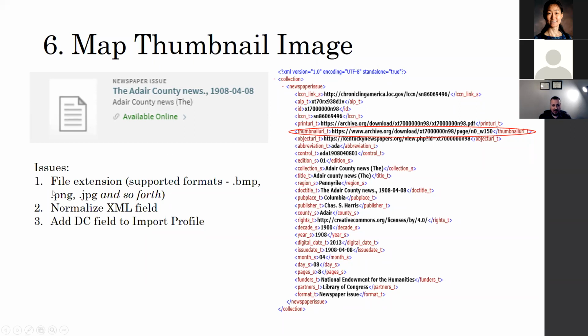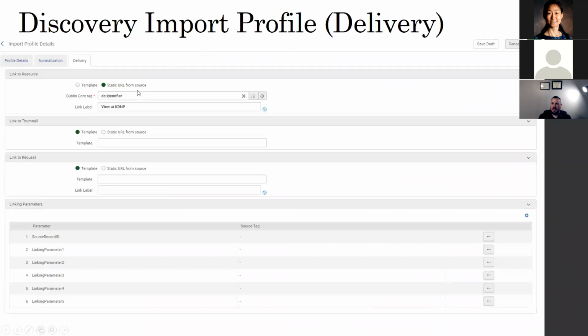The next issue that I had was normalizing that into an XML field. We wanted to choose a field that we weren't using anywhere else in the record to normalize that to, so that we could point in the delivery tab, well, let me go back and see.